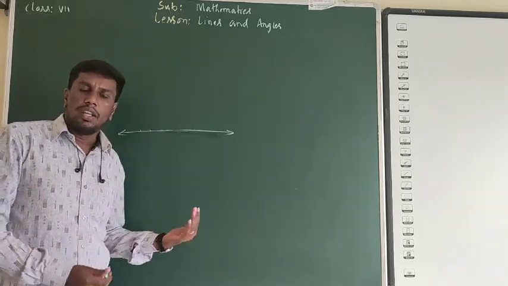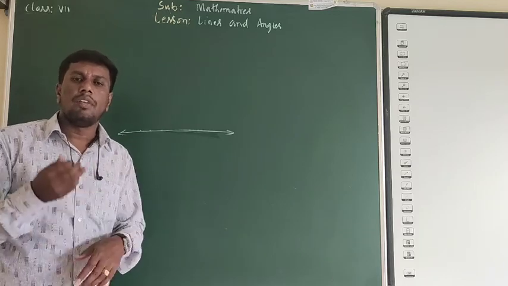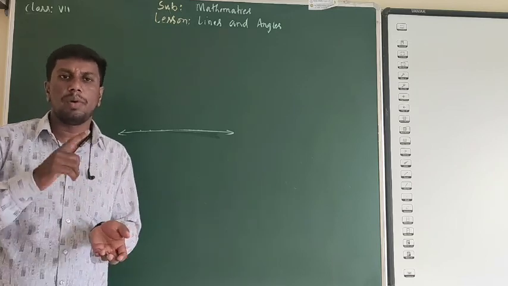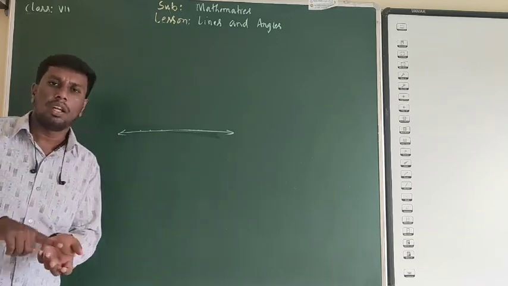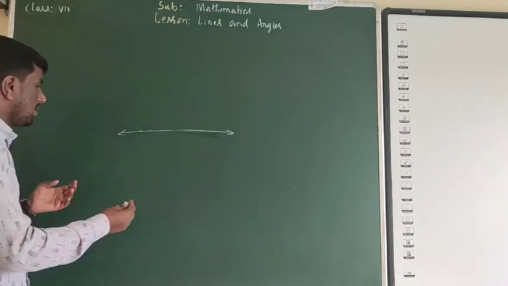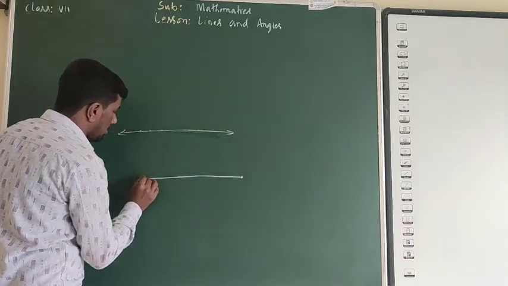In this topic we have a line segment, a ray and a line. What do you mean by a line, a line segment and a ray? All these three we learned in class 6. A line segment has two endpoints.